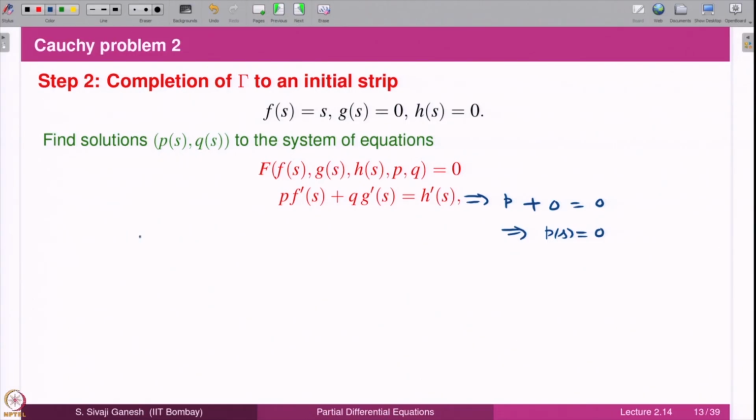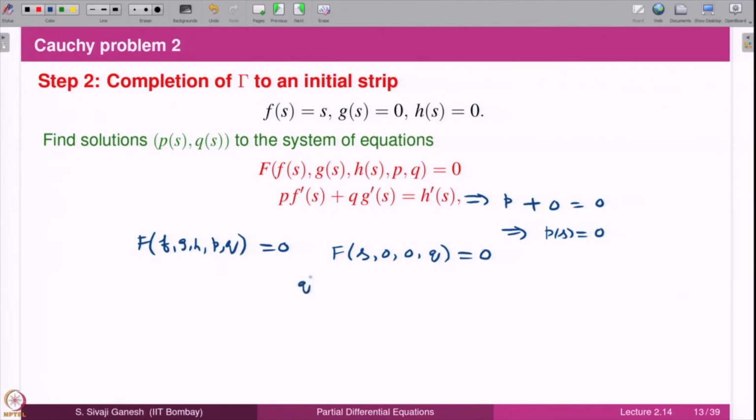So, next thing is F(f, g, h, p, q) = 0, which we need to solve. What is that? It is F(s, 0, 0, p, q), where p we just found is 0, and q is unknown, equal to 0.